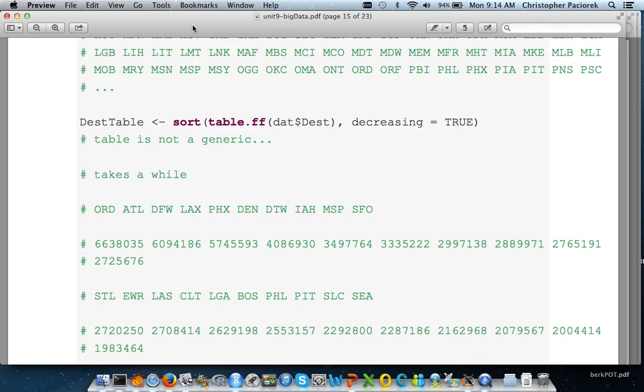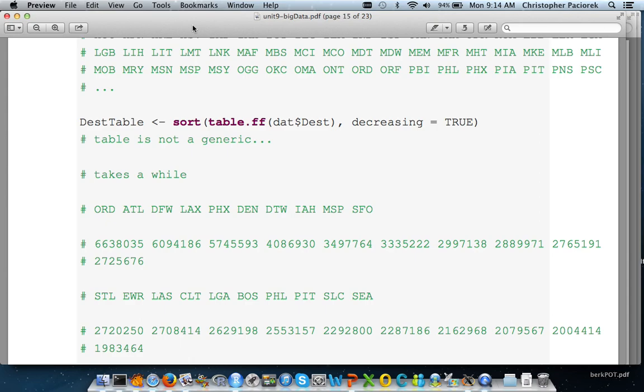So I can't just call table on this object because it's not going to go through the S3 method dispatching mechanism, because table itself is not a generic method. So I have to explicitly call table.ff to make sure that I'm actually running the ff version of the table function. When I first did this, I didn't realize that.